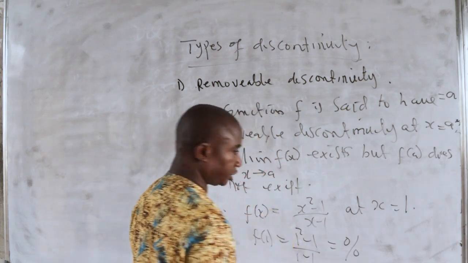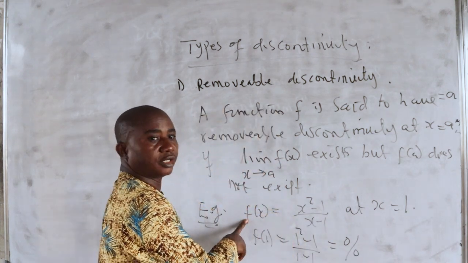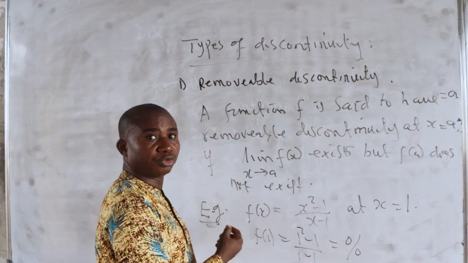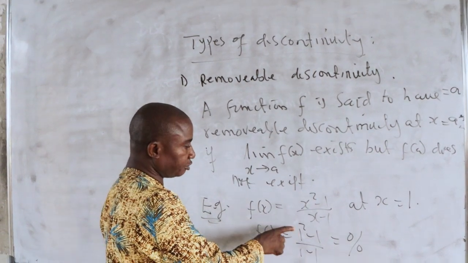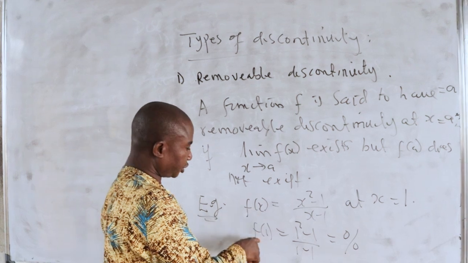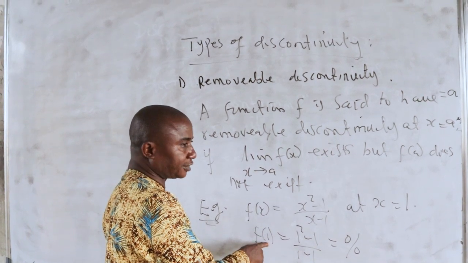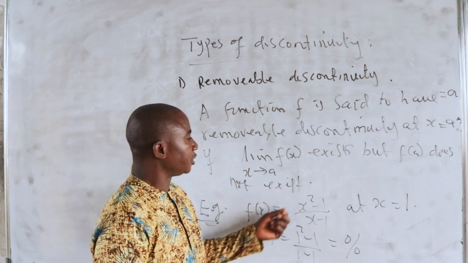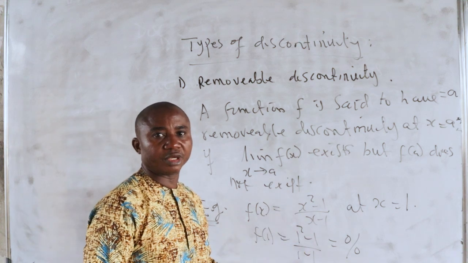This is indeterminate, which means f of a does not exist. And then from the definition of discontinuity we have, that suggests immediately that the function is discontinuous at the point x equals 1. So the next thing to do is to check if this discontinuity is removable.